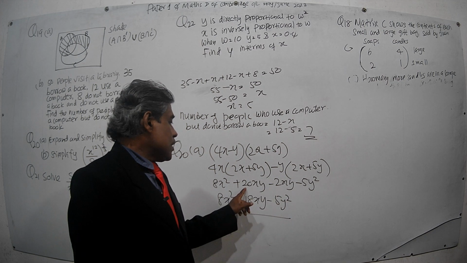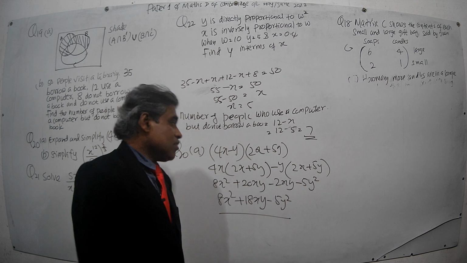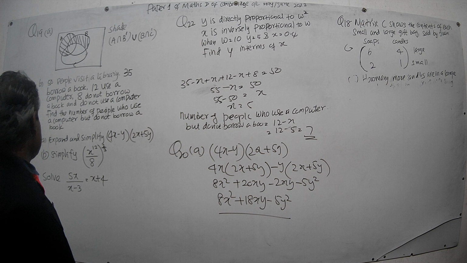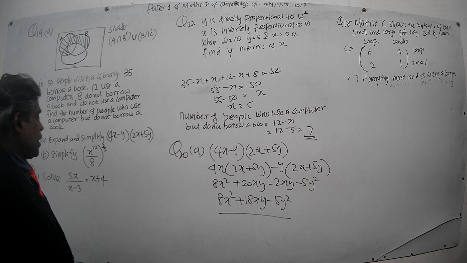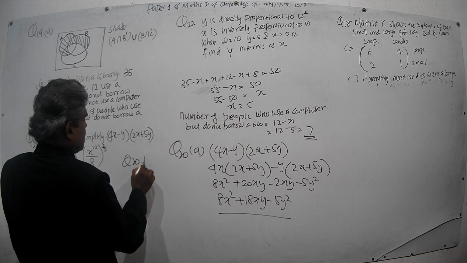Then 20 minus 2, 18xy minus this 5y squared. Right. Okay. That is the answer for that. Then part B here, simplify. They ask this part B, Q20, part B.